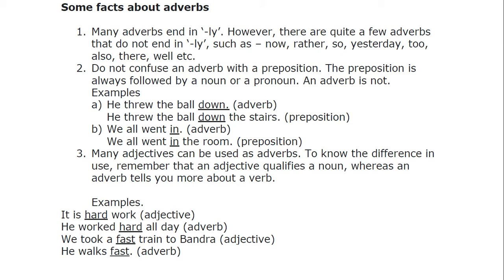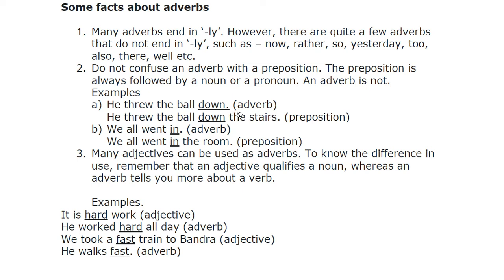Examples. Here the example is: he threw the ball down. The same action, same word. Here it's just telling you about the action, where he threw it down. There is no noun after this, no pronoun after this. Now let's see the second example. He threw the ball down the stairs. Here you're not just saying down, you're saying down the stairs.